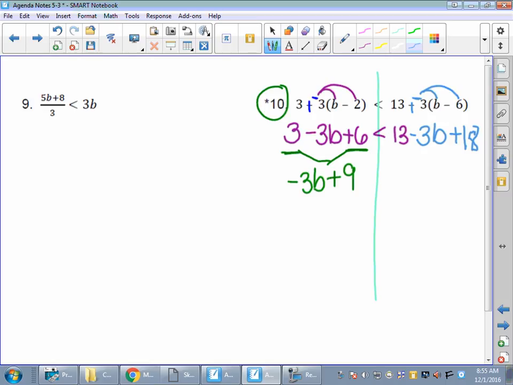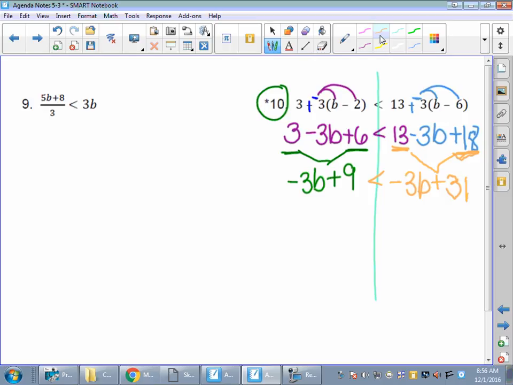On the other side, we also have some like terms. I've got a 13, I've got a -3b, but I've got an 18 as well. So I can combine these two like terms, and I've got a 31. My board's a little crazy. That negative 3b didn't change at all. That 31 was a positive, and I'll bring my inequality right down. So I combine like terms just to make the problem a little bit easier, simpler, with fewer steps to solve.